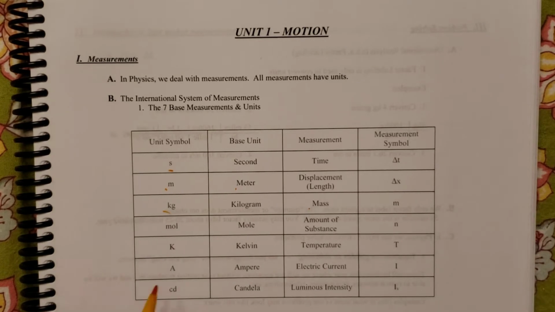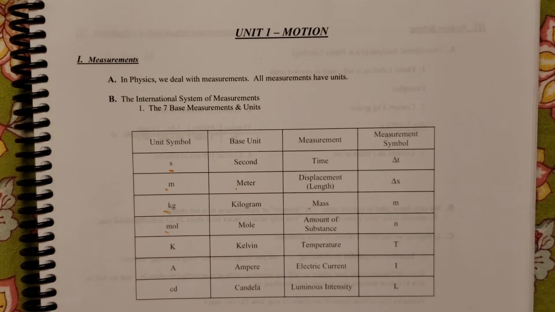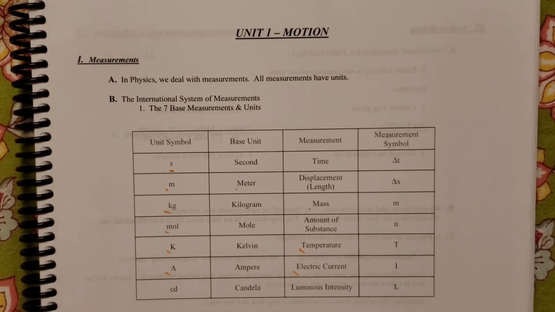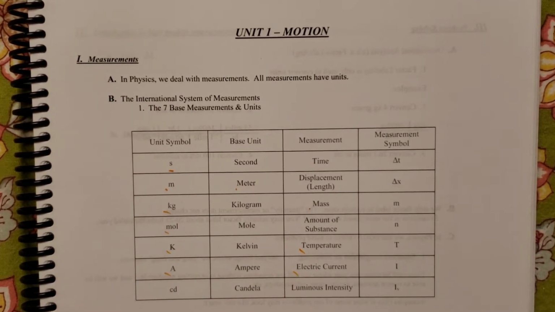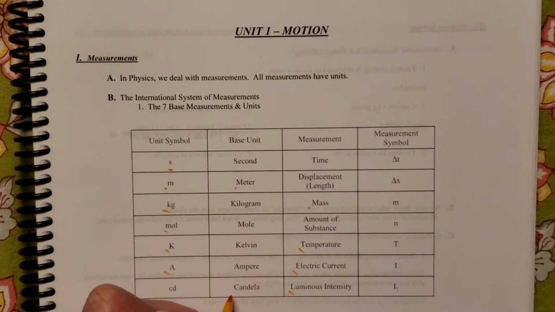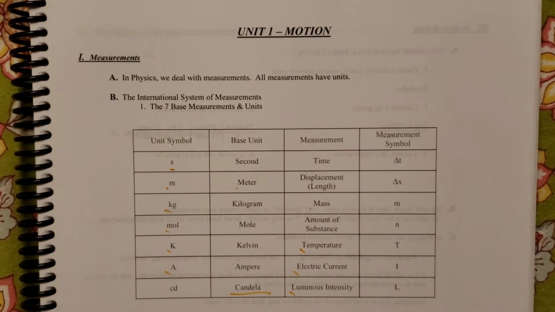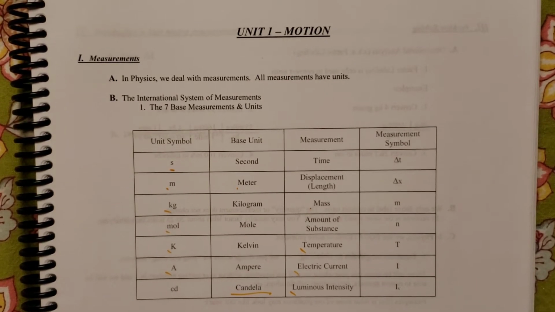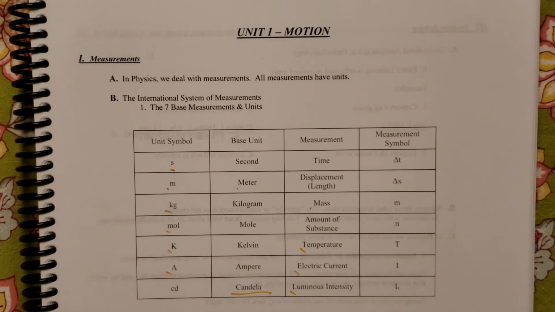And then we get into a few we won't use as frequently, like the measurement of a substance in moles. We won't do a ton with thermodynamics, temperature in kelvins. Our electric current, oh yeah, we'll be working with amps when we get to electricity. And then luminosity, I believe it's pronounced candela, units for luminosity. We'll get a little bit on luminosity when we get to optics later in the year.